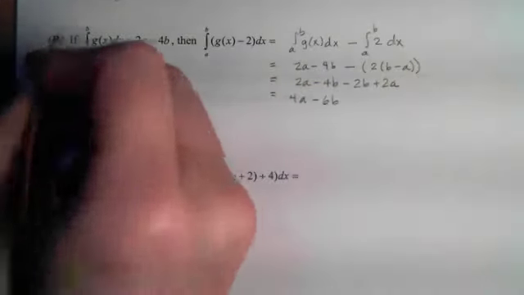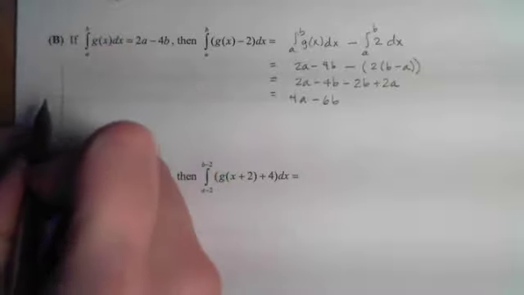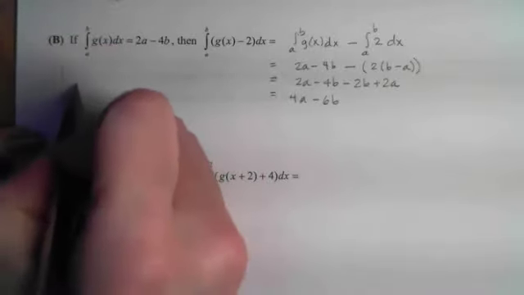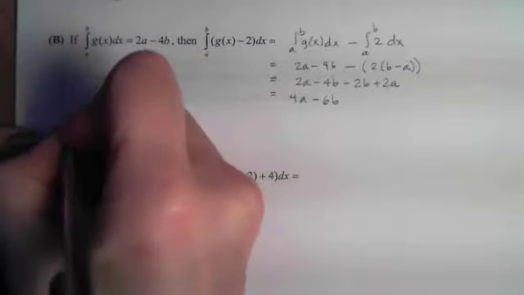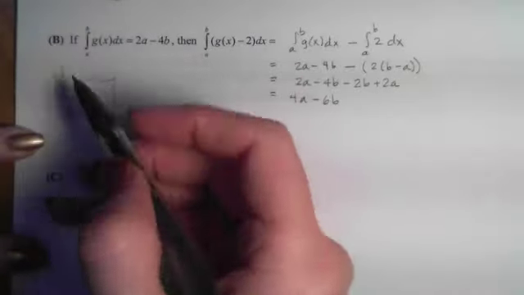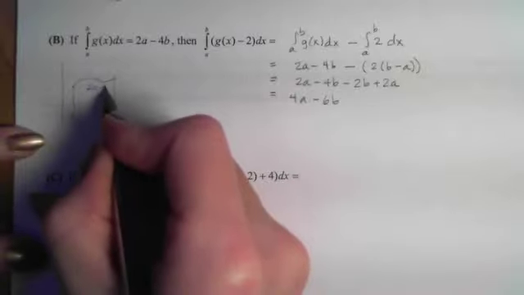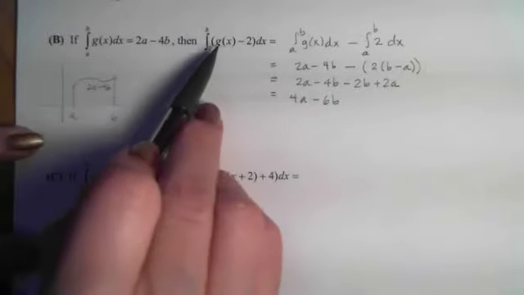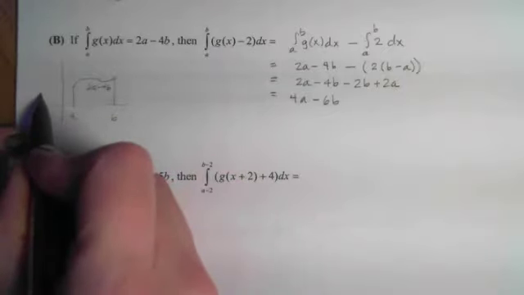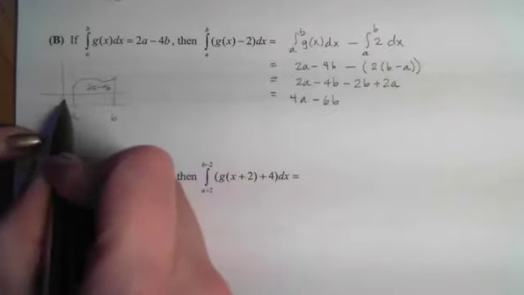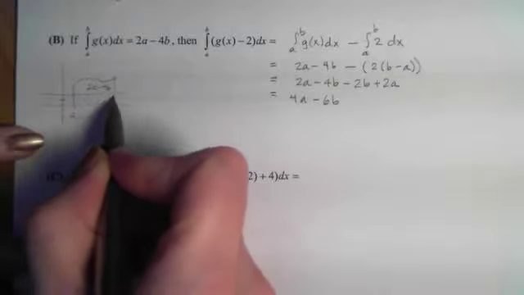If I do it graphically, my original function, accumulating on g from a to b, is 2a minus 4b. Then I'm going to move the entire picture down 2 units. So that means I'm going to lose all of this area that I had.